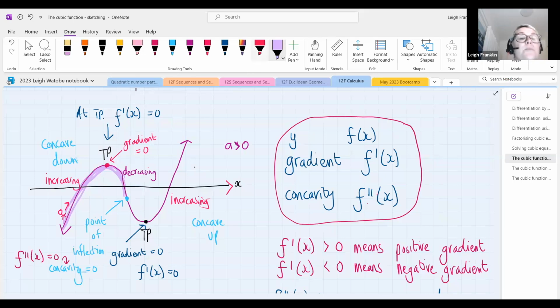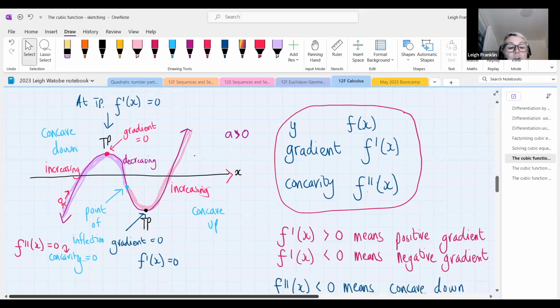So the graph stops being concave down and starts being concave up. That's it. So that happens at your point of inflection. That's where the graph changes its concavity. The graph changes its direction and stops being increasing and starts decreasing at the turning points. Oh, okay. Thank you. Okay, no problem.